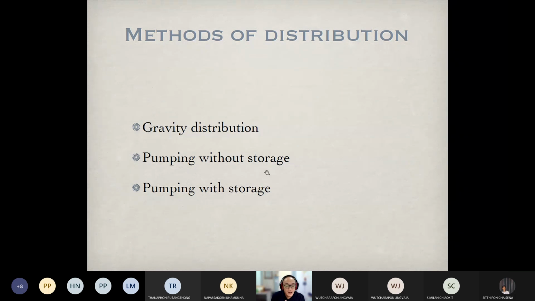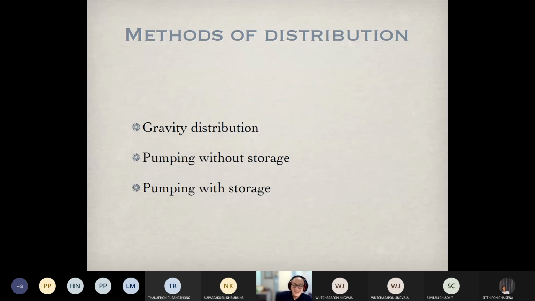Unless you have very reliable water resources, you don't need storage. That is also possible. If you have a lot of water resources, and the quality is good all the time, in that case we don't need this storage.